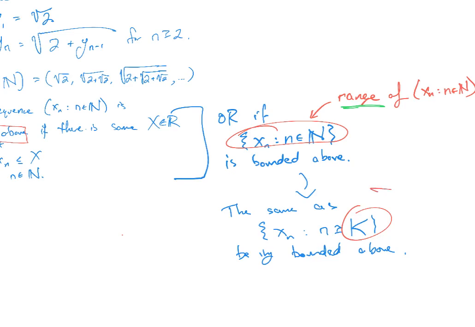If that tail, that's the word we're going to use, were bounded, then the whole sequence would have to be bounded, because for the initial few values there's some bound on them because there's only finitely many, and then there's a bound on the tail. So the maximum of those two bounds would be a bound on the sequence.